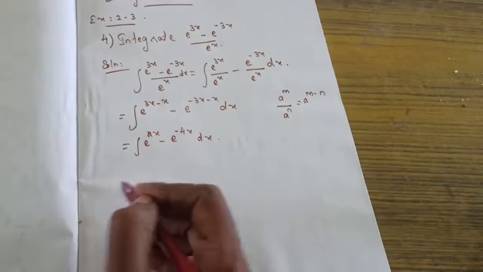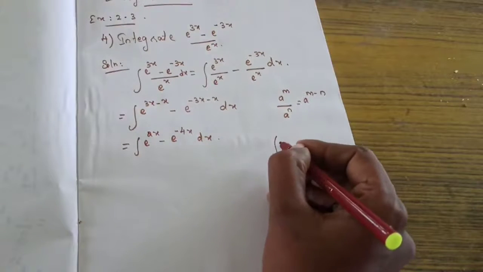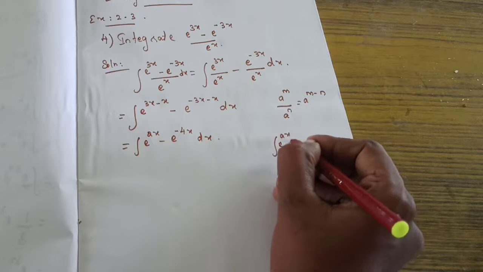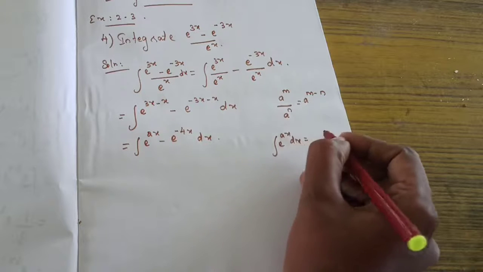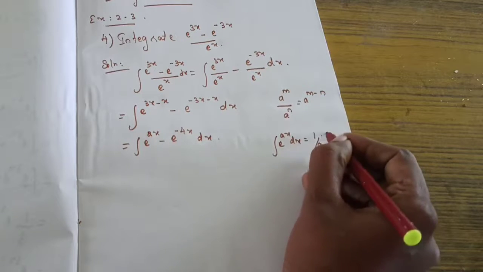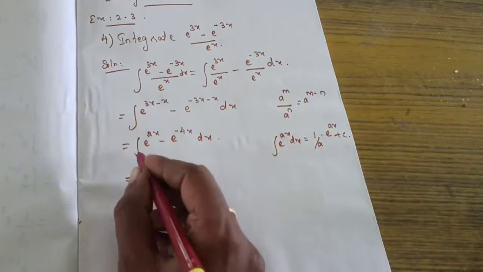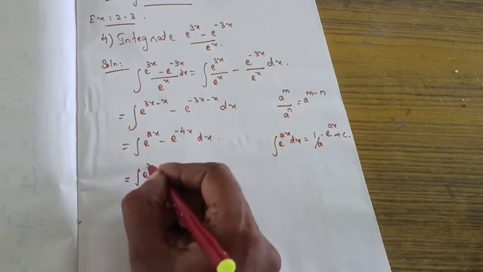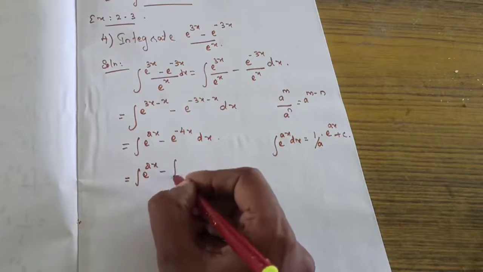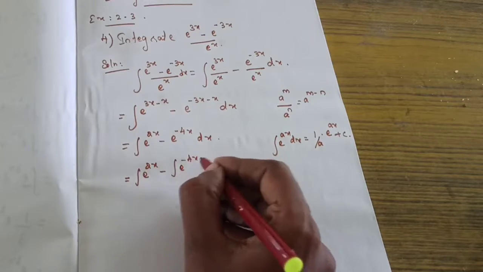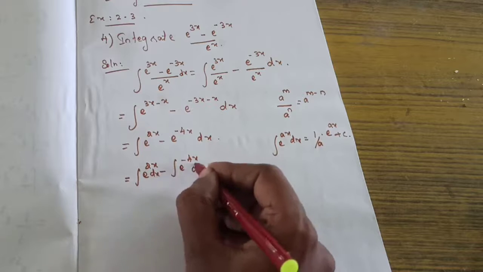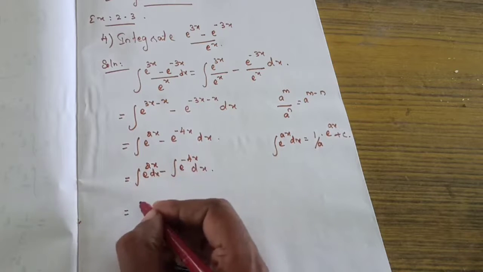So shall we integrate? I already taught you the formula. The integral of e power ax dx is equal to, what's the formula? 1 by a into e power ax plus c. Correct? So what is the integration here? Let's split it: the integral of e power 2x dx minus the integral of e power minus 4x dx.